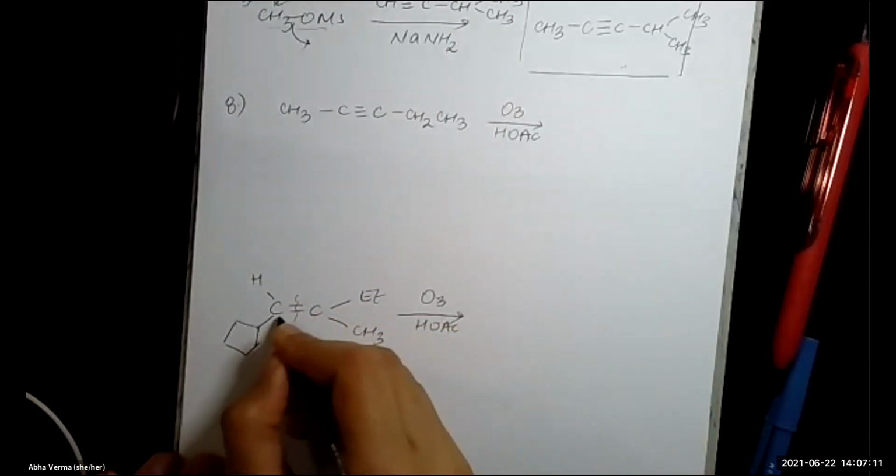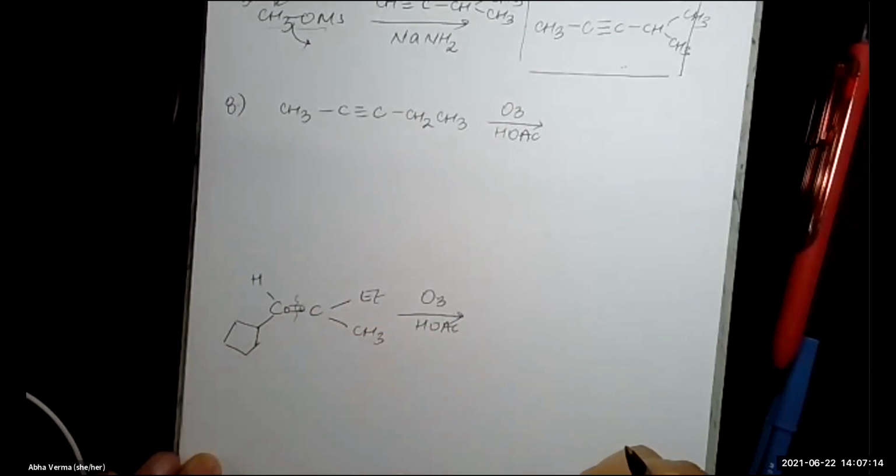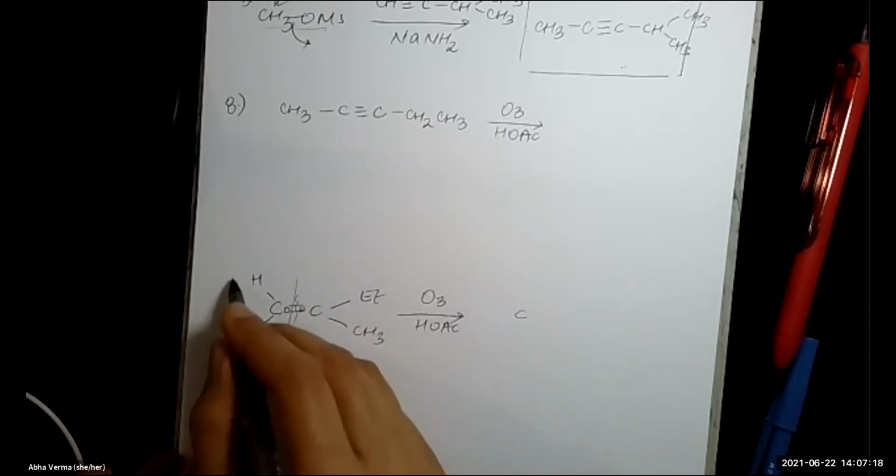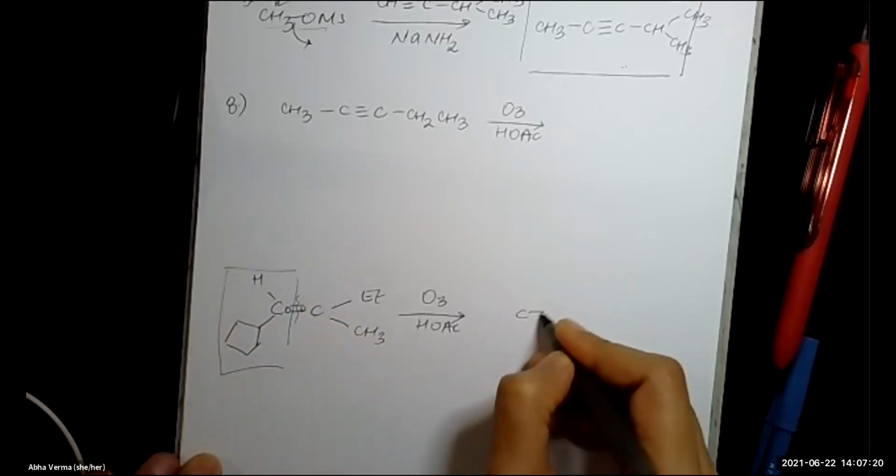So what do you do? You just insert oxygens. So from carbon-carbon double bond, you will be generating carbon double bond oxygens.